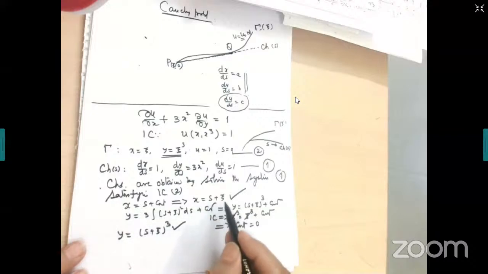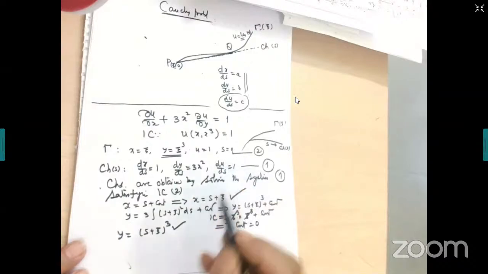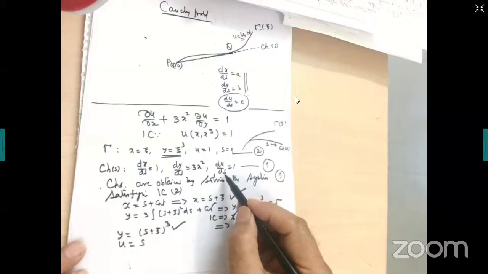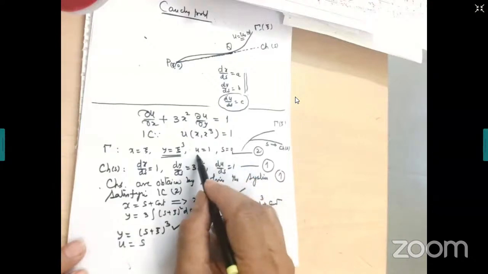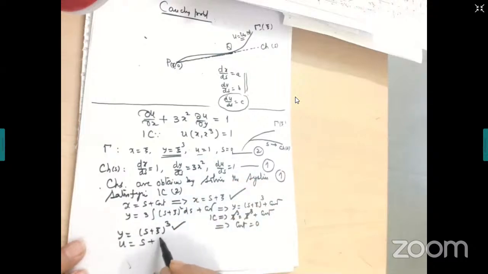So x and y have been obtained in terms of s and xi. Now once this is known, I can determine u. du ds is 1, so u is equal to s plus some constant, and that constant is obtained using the initial condition: at s is equal to 0, u is equal to 1, so that constant is 1.